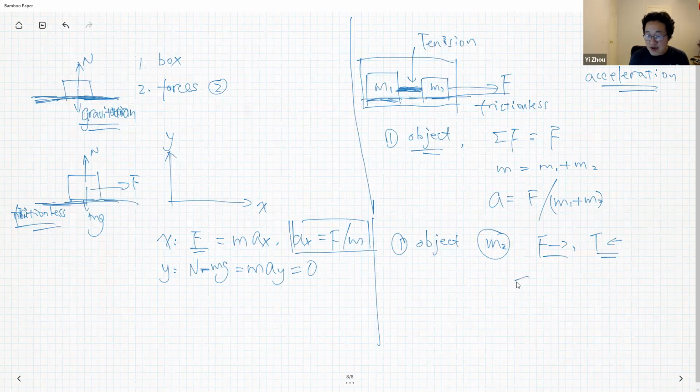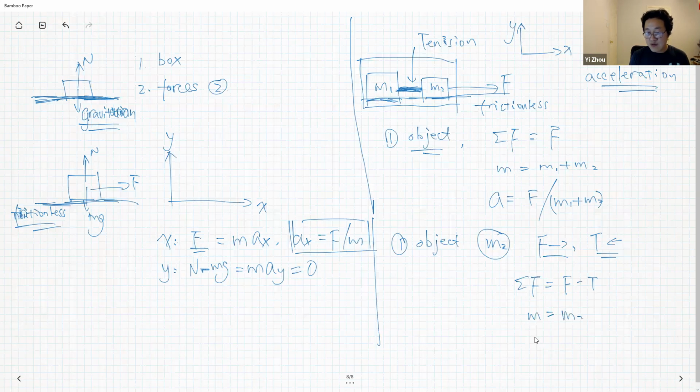So now we have a total force, if we choose the coordinates to be X and Y, equal to F minus T. Albert, what is the mass for this object? M2.